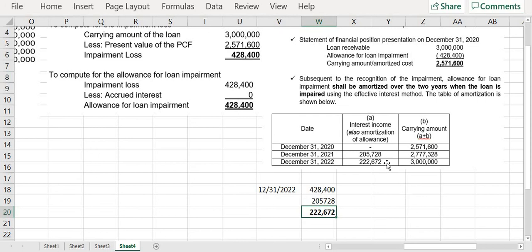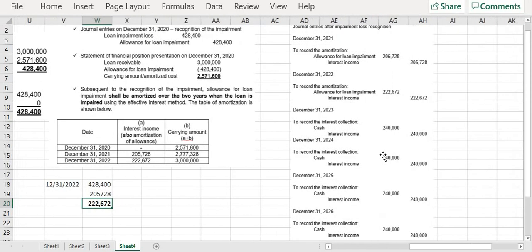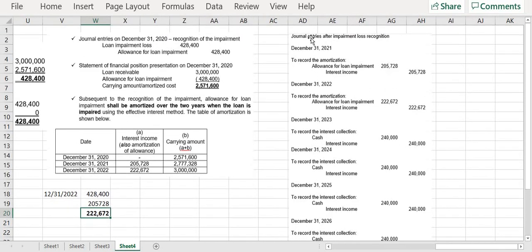So, you can also get the amortization for 2022 by getting the difference of 3 million, the principal, and the carrying amount on 2021. You get the same exact amount, no? 222,672. Ayan. So, we can now proceed to journal entries, of course.